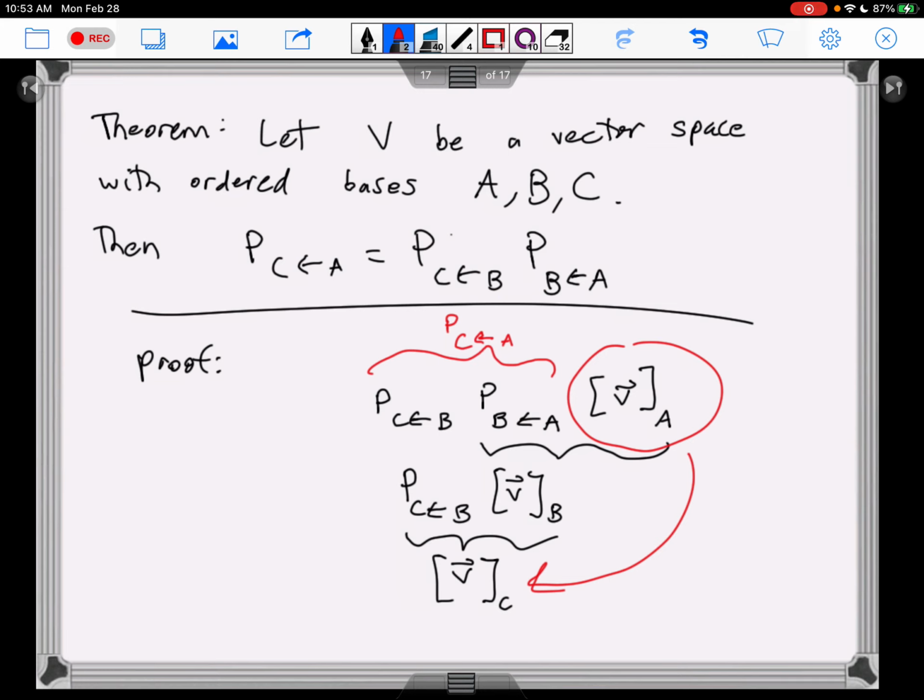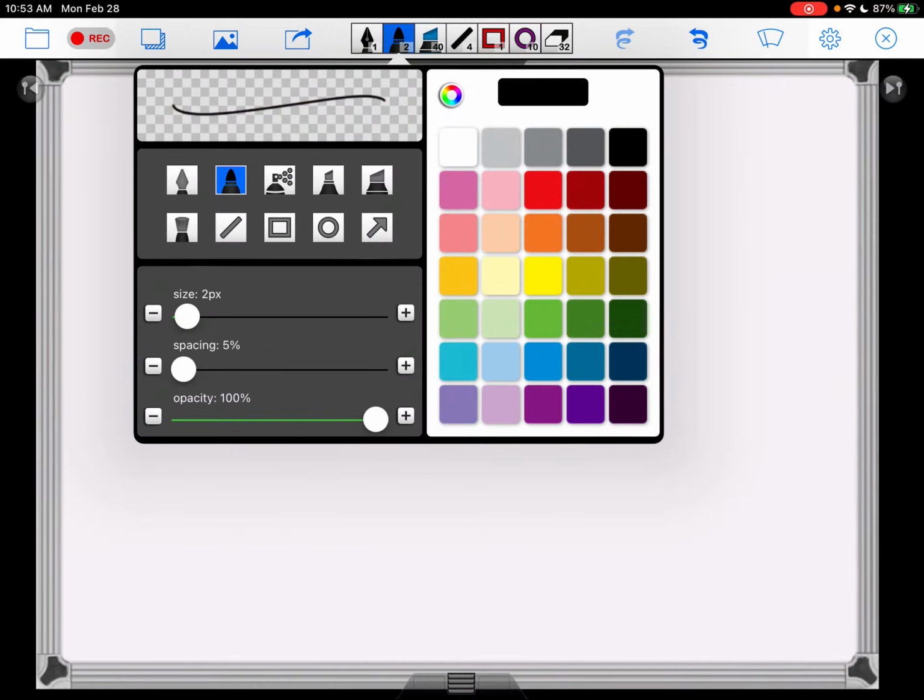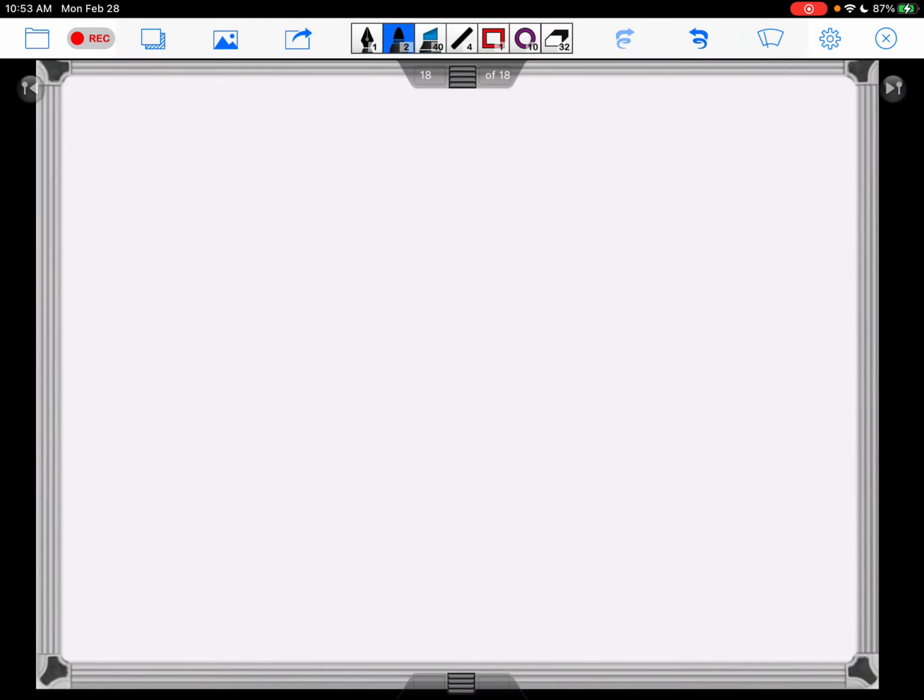Okay. So what does that mean? We have now an alternate method using the standard basis.